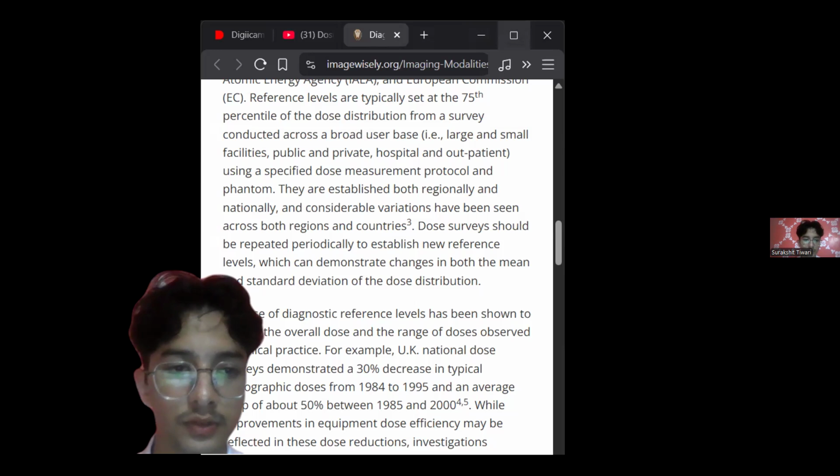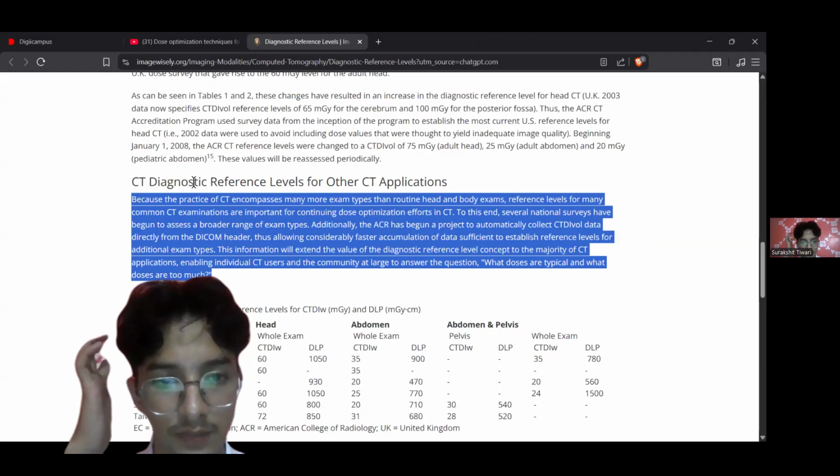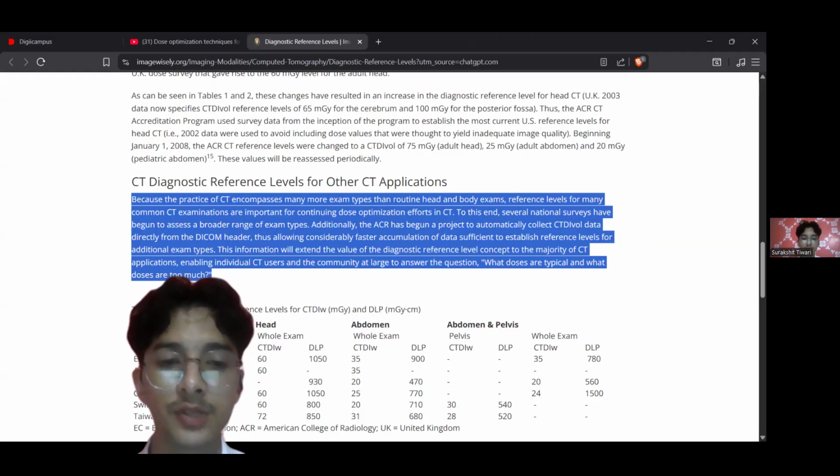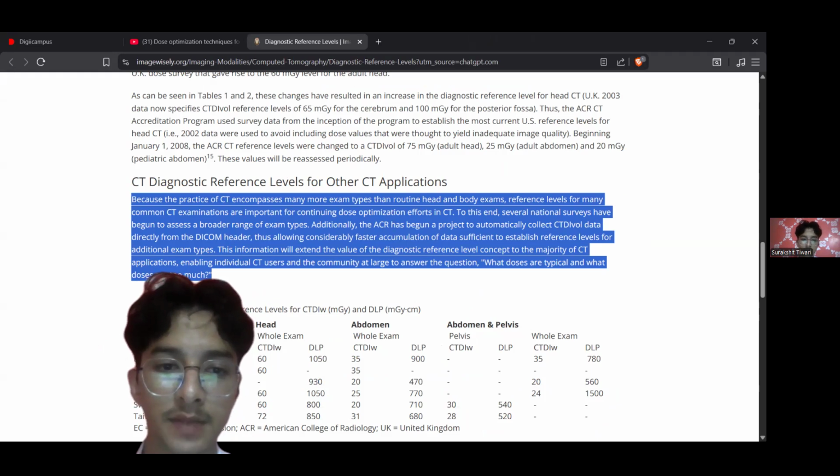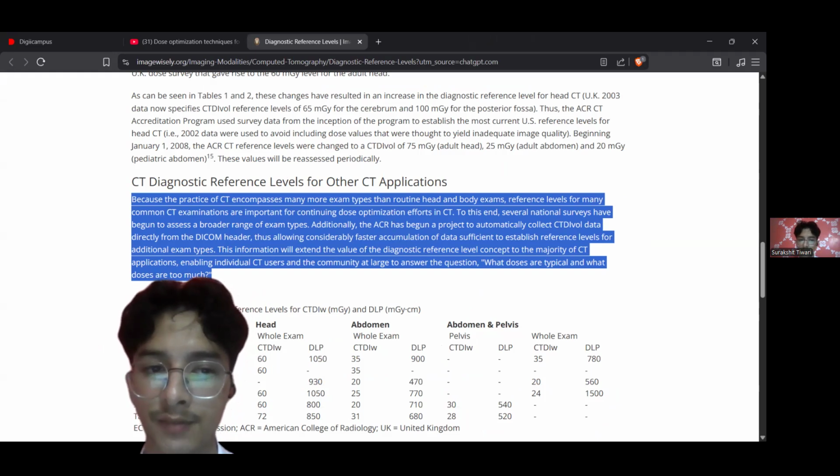Here, we can see CT diagnostic reference levels for other CT applications. Because the practice of CT encompasses many more exam types than routine head and body exams, reference levels for many common CT examinations are important for continuing those optimization efforts in CT. To this end, several national surveys have begun to assess a broader range of exam types.